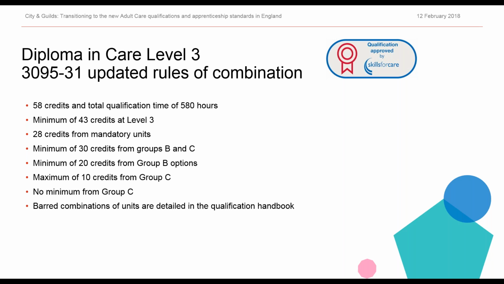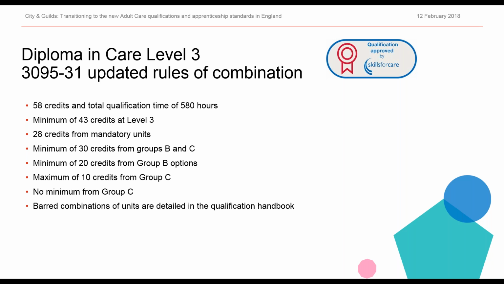So what you'll see here is that it's a 58 credit qualification, a minimum of 43 credits, sorry, need to be at level 3. And then from the optional groups, there's a minimum of 30 credits, 20 of which must come from option B, which are the competence units. A maximum of 10 credits can come from group C, which are the knowledge units, but you don't need to choose any knowledge units at all.